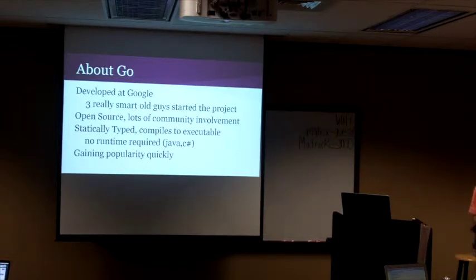This started about 4 or 5 years ago, and became a real product probably about 2 years ago. It is open source though. Google's kind of running the show, but a lot of people are involved. It's statically typed, compiles to an executable, and no runtime is required, which I'll talk more about in a minute. And it is gaining popularity quite a bit.